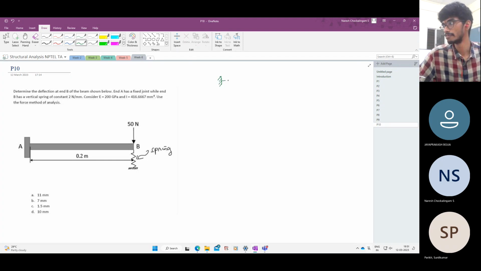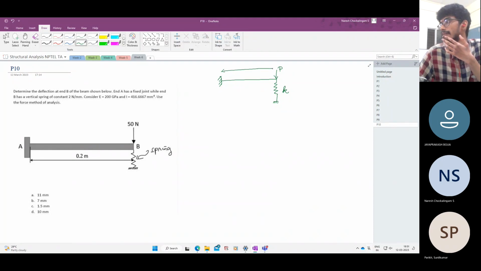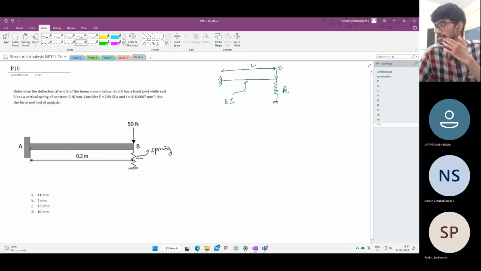We have something like a prop cantilever, but it is not really a prop cantilever. We are applying a force P here. There is a spring of some stiffness K. And this is, as usual, a beam of length L and cross-sectional properties EI. So this is a very nice problem. Let us see how to solve it.